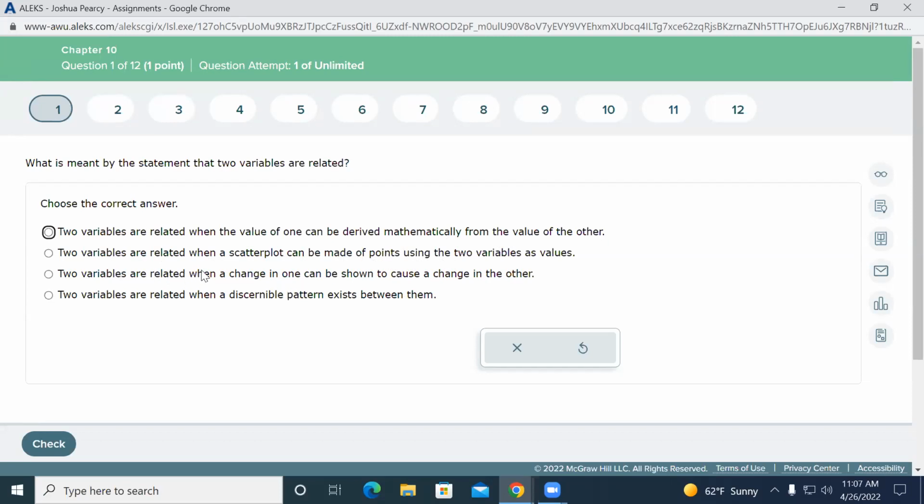Two variables are related when a change in one can be shown to cause a change in the other. It can be like two of those. Derived mathematically from the value of the other, that one doesn't really make sense. Two variables are related when a scatter plot can be made using the two values. I don't think that is it.